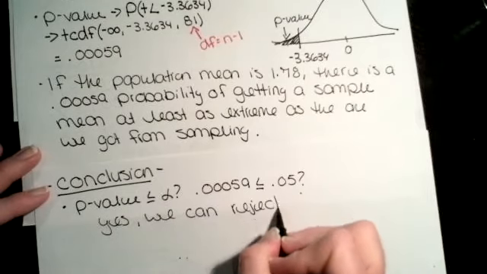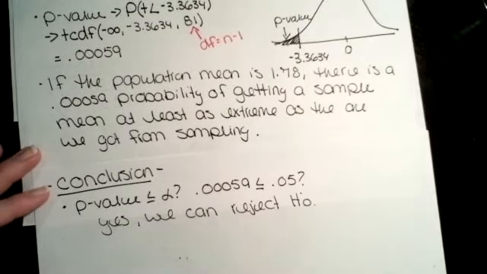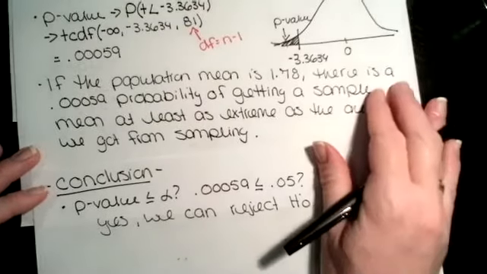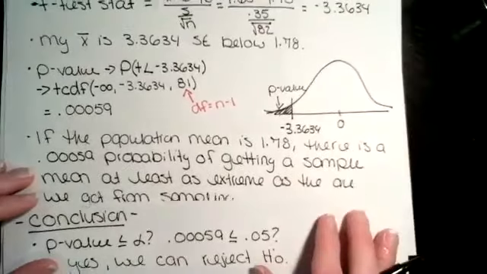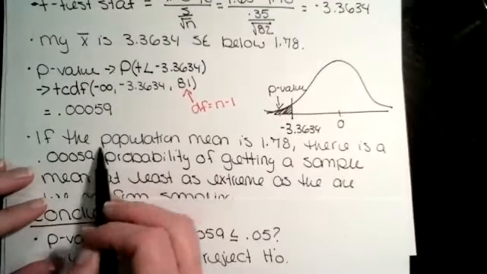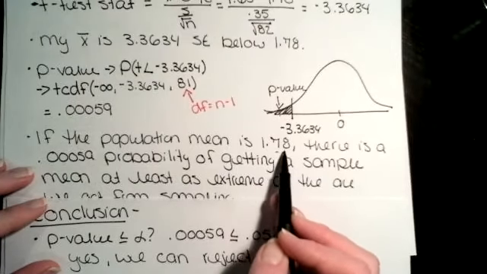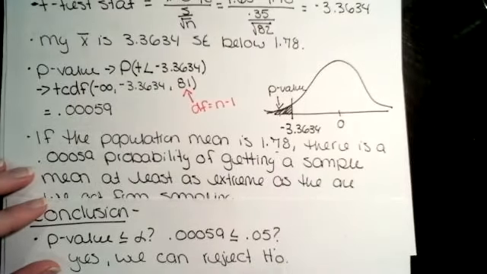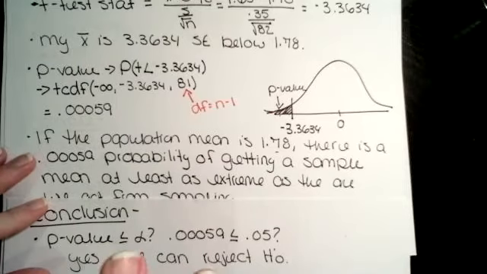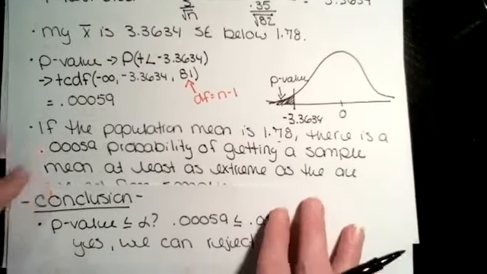reject our null. The idea behind this, if I say I can reject my null, then I'm saying that I don't think the population mean is 1.78, like I stated here. When I reject my null, that it equals 1.78, I'm rejecting that idea. I'm saying I don't think it's that because I have support that it's whatever we're studying, which in this case is less than, okay?